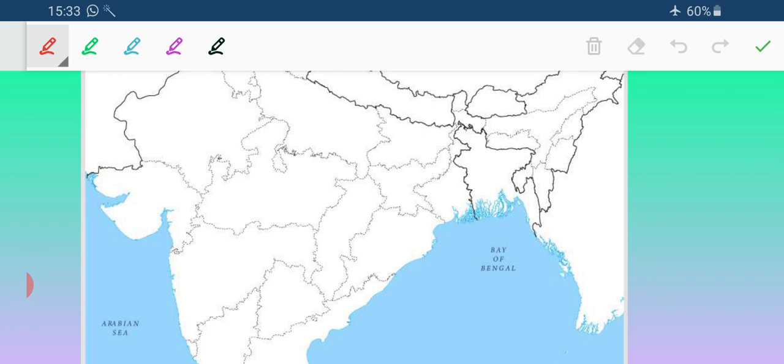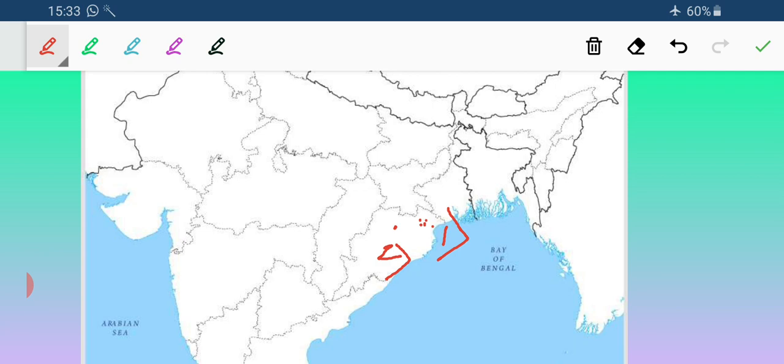So the first important iron ore mine is in this part of Odisha, that is named Mayurbhanj. I am writing number 1 beside that, and then I will write the list of it. Second, just beside that region, number 2.